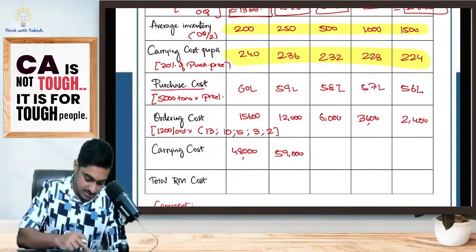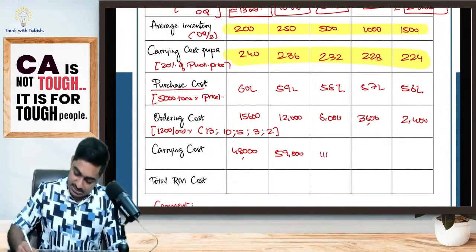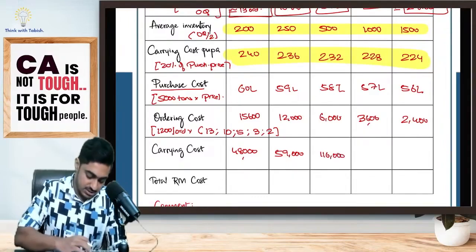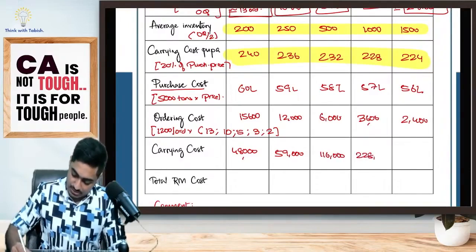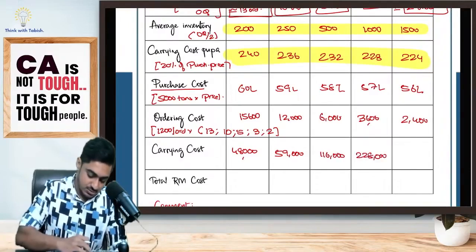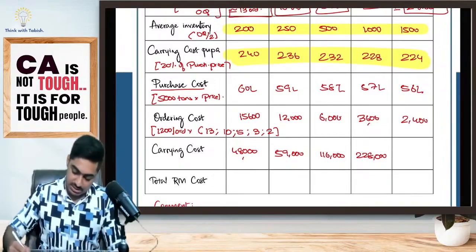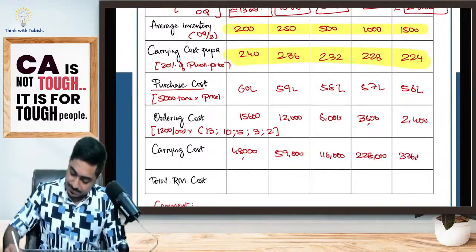Third case, 232 into 500, which is 1,16,000. Fourth case, 228 into 1000, which is 2,28,000. Fifth case, 224 into 1500, which is 3,36,000.